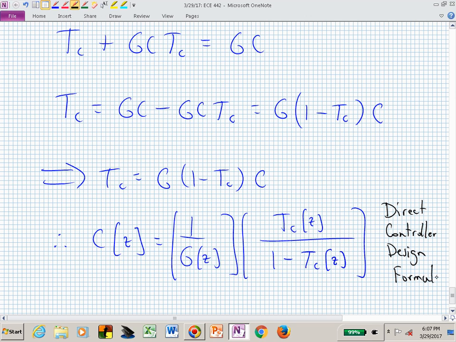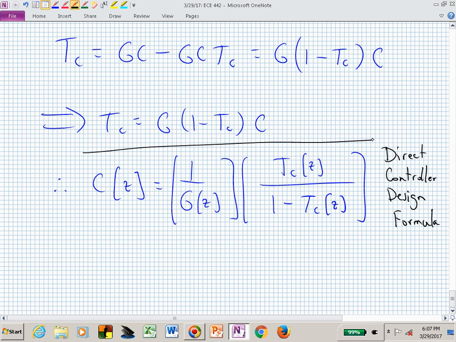And hopefully now you're comfortable with just using it. What this formula is really saying is the controller would ideally like to simply cancel the transfer function of the original system. That's what it's doing by saying 1 over G of Z. But we also know that we cannot cancel unstable poles or zeros, and that's why we have to impose these restrictions on T sub C of Z. We need T sub C of Z to contain the same unstable zero factors.